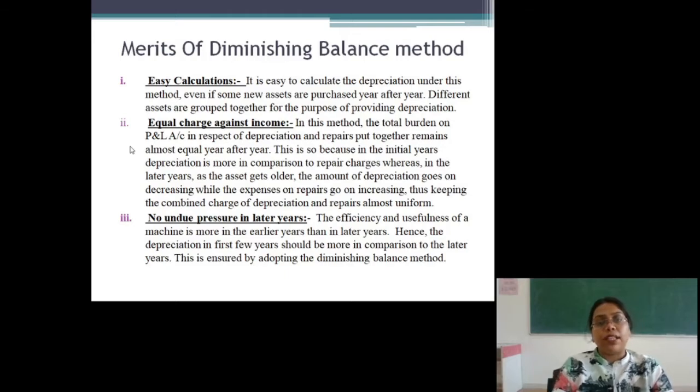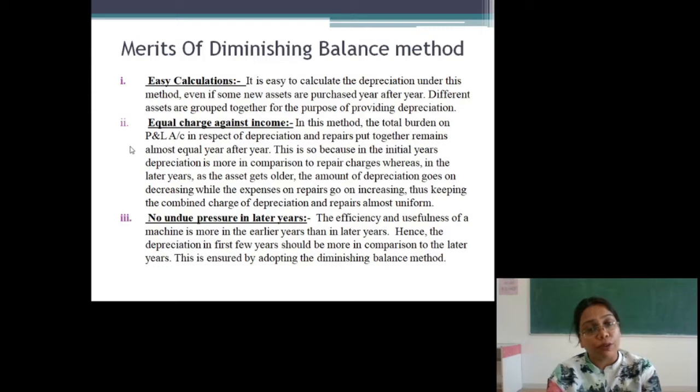Merits of the diminishing balance method. First, easy calculation: it is easy to calculate the depreciation under this method. Even if new assets are purchased year after year, different assets are grouped together for the purpose of providing depreciation.